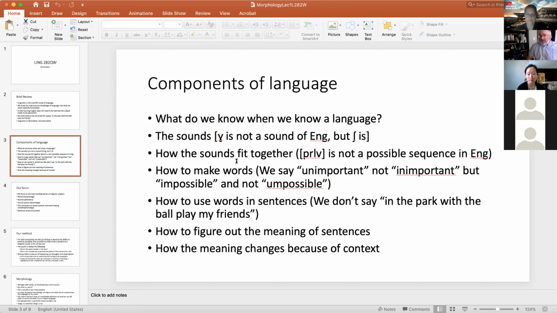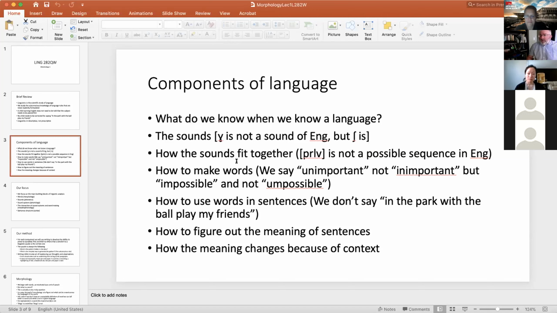Everyone knows that you say unimportant and you never say inimportant, but you have to say impossible and you never say unpossible. These are things that nobody's taught you. Nobody sat you down and said, okay, here's how you say that something is negative. You just pick that up and you form those rules very quickly. Second language learners might take more time to do that, but in their first language, they didn't have any problem picking up similar rules.